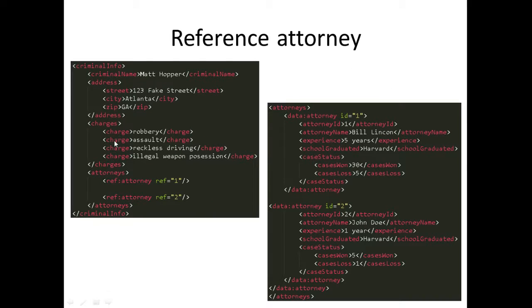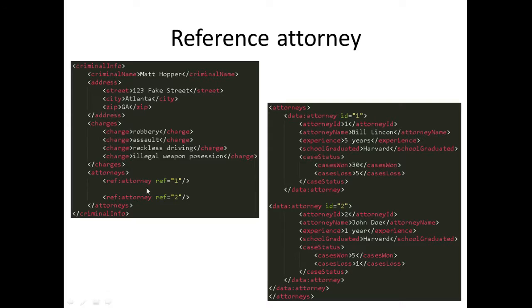Alright, so this is how I will go about doing it. During that interview, I wasn't 100% sure of how to do it, but after doing some research, coming home and really just understanding it, it makes a whole lot more sense now. So we have this criminal info. Inside this criminal info, there is this attorneys tag, and then what I've done here was create a reference.